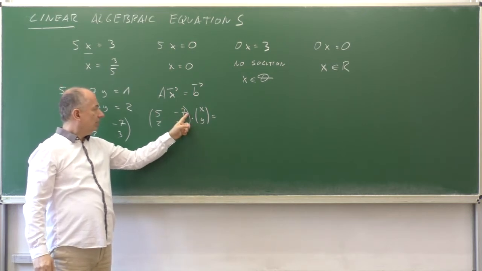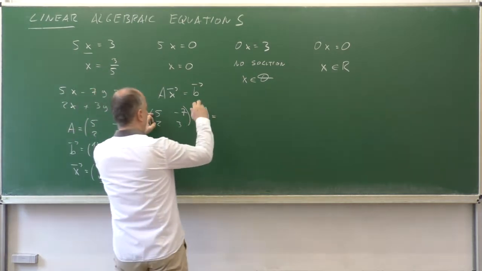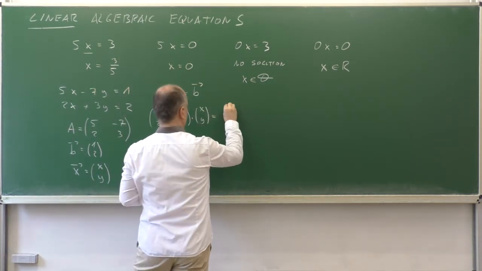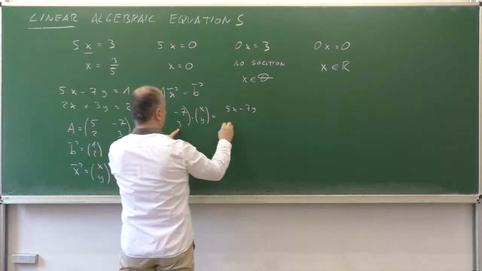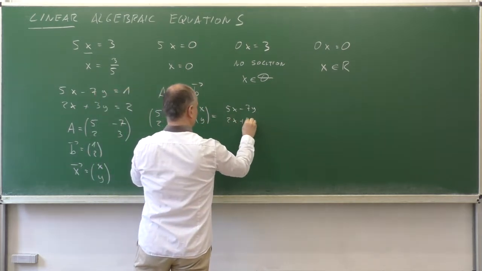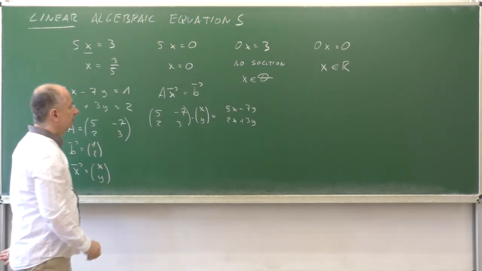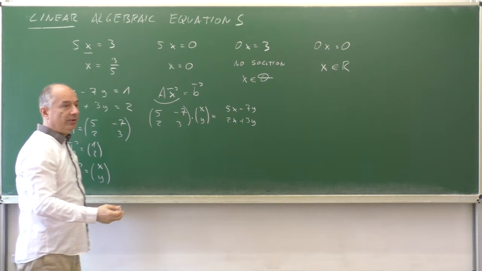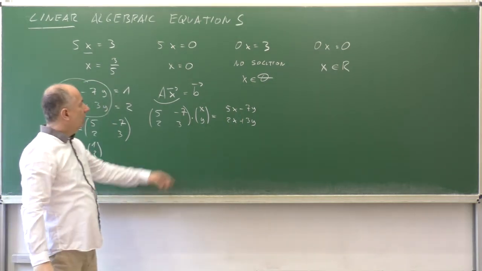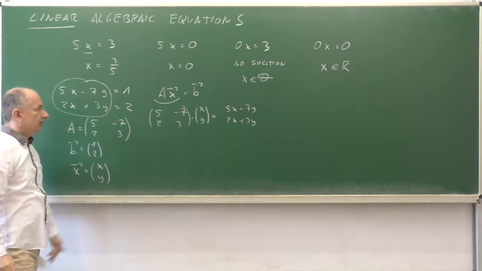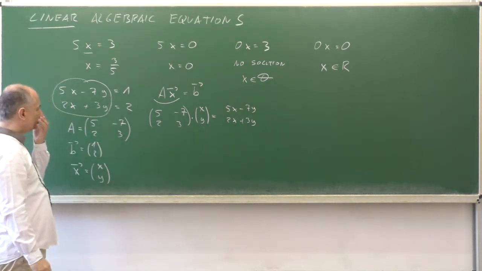We take a row in the first matrix times this column, so this is 5x minus 7y, and then 2x plus 3y. And this is exactly what is on the left. So Ax is an abbreviation for all this long writing. And b is just a vector with the numbers on the right hand side.